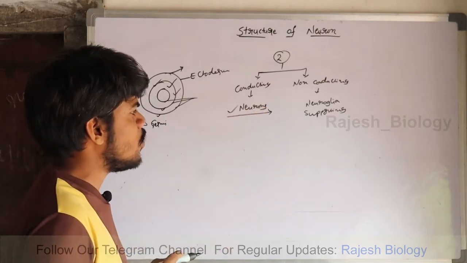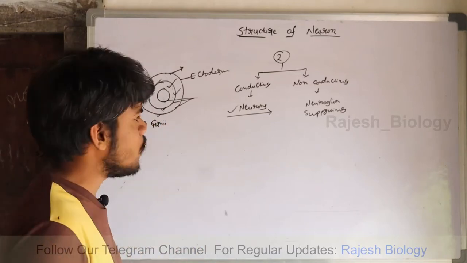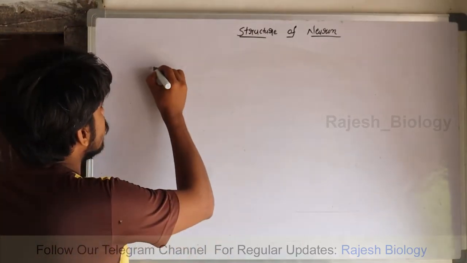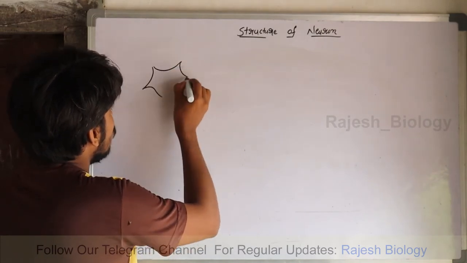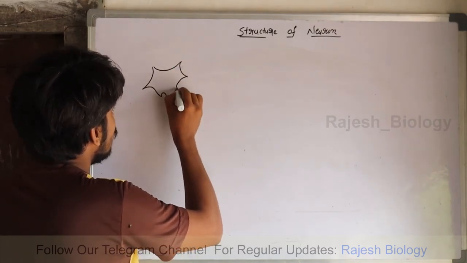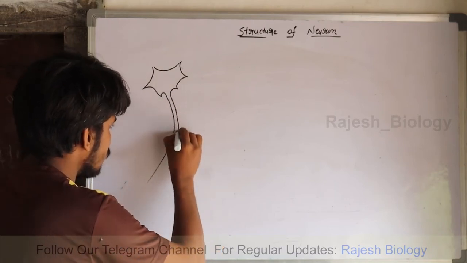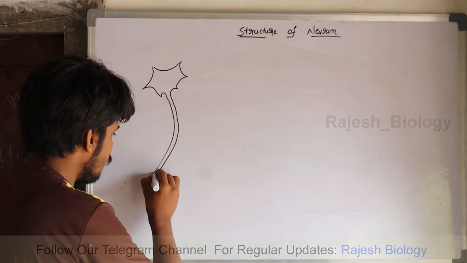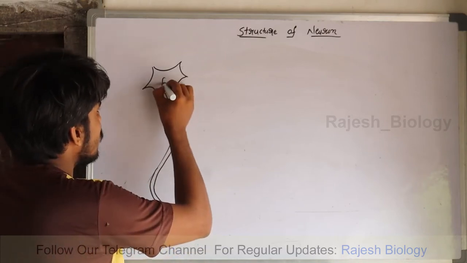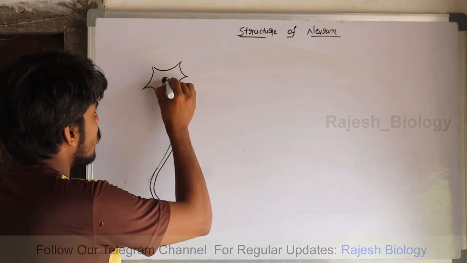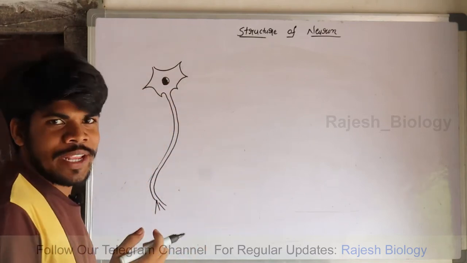Okay, come to the structure of neuron. What is the structure of neuron? Because it is the structural and functional unit of nervous tissue. You may have studied the structure of neuron in your previous class. It is the structure of a multipolar neuron. It is known as cyton or cell body or soma. Soma means body.